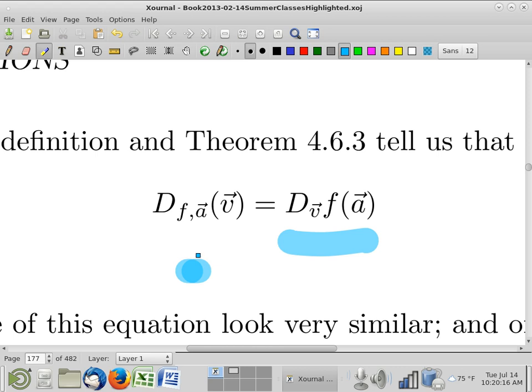This is a truly multivariable derivative. This says, look. We're at the point A. We've got a function f at the point A. Keep your vector for the moment. I don't want to talk about vectors yet. I want to know, is there a multivariable sense in which I can understand how this function is changing near the point A?